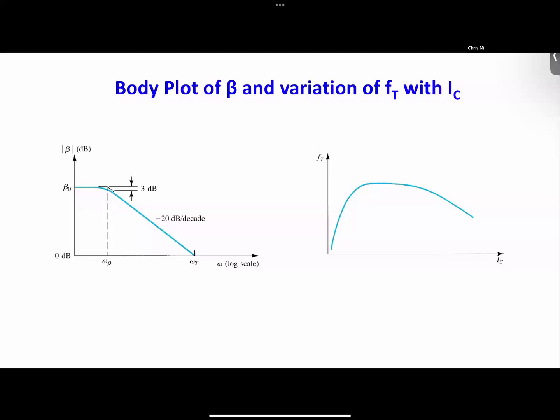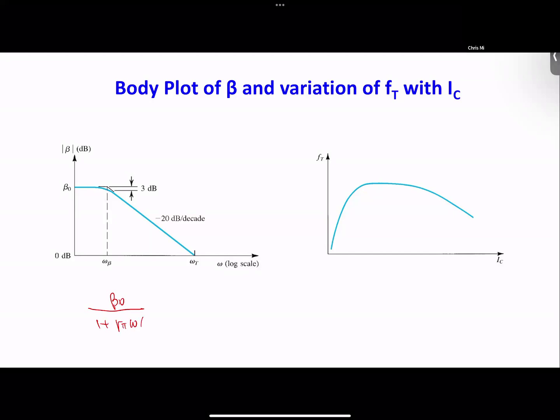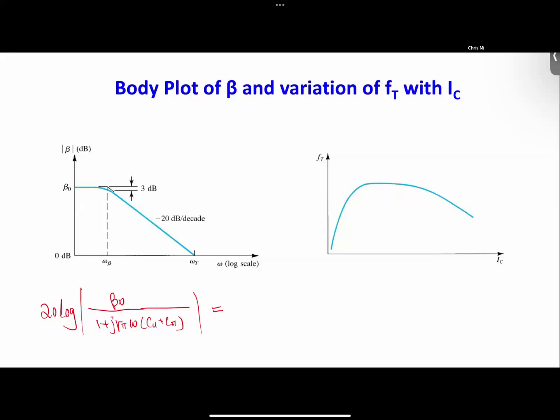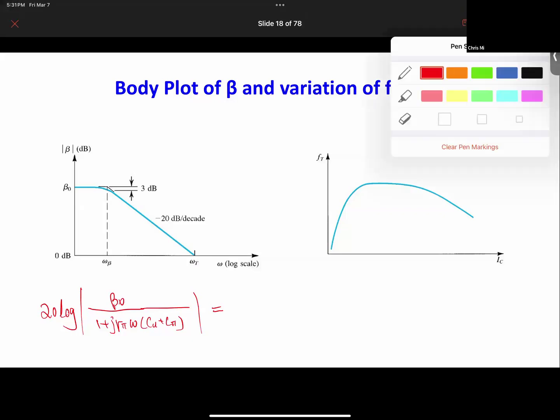So basically what it says is that if we take that beta 0 over 1 plus R pi omega times C mu plus C pi, and we do 20 log of the number, and we also put this beta 0 out instead to make it easier.